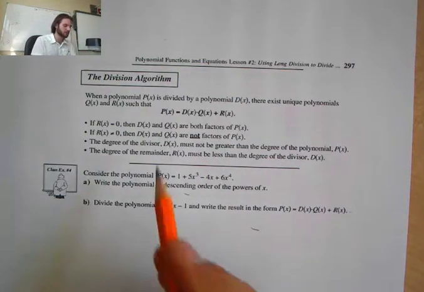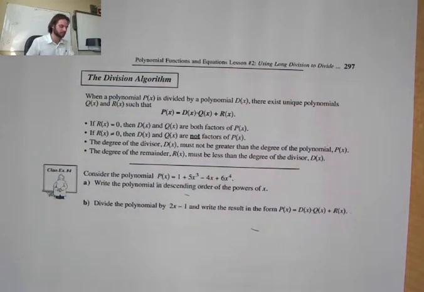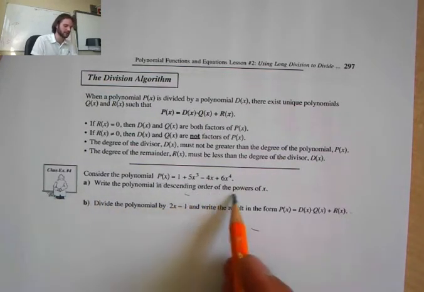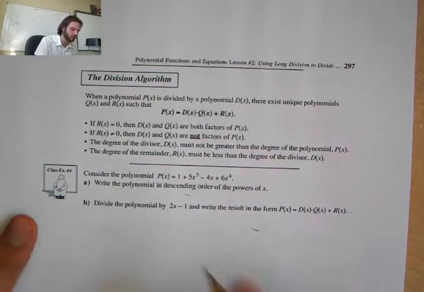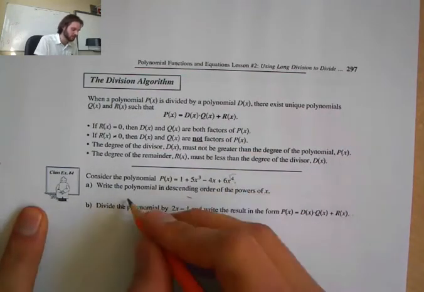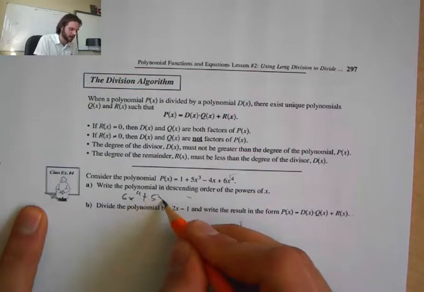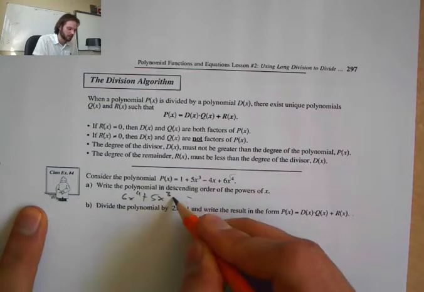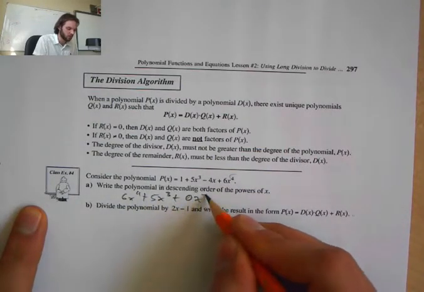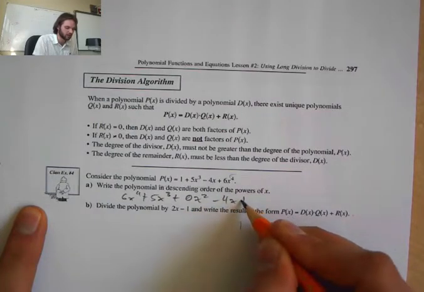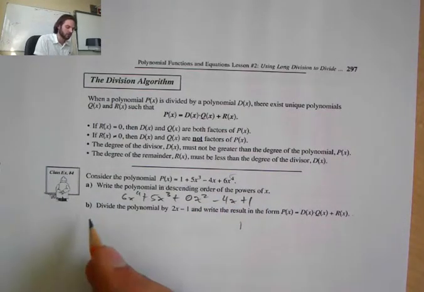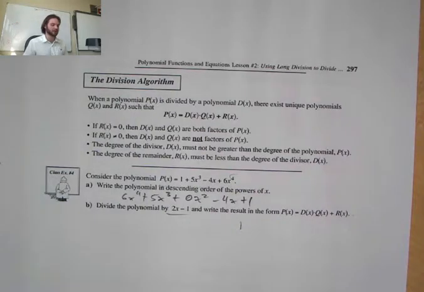Okay, so here it says consider the following polynomial. Write the polynomial in descending order of the x's. So this is going to be 6x to the power 4 plus 5x cubed plus 0x squared minus 4x plus 1. Now divide it by 2x minus 1 and write it in this form.